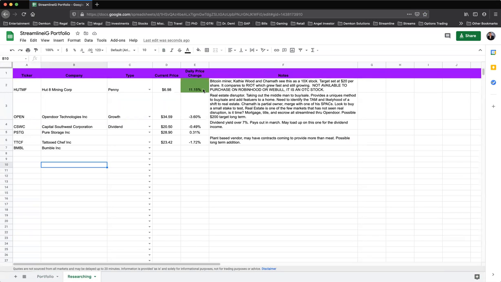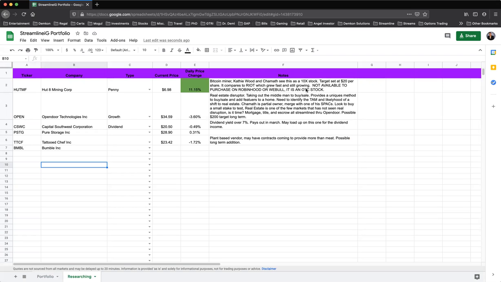So that if I see another company in that same sector doing the same thing, I can see my reasoning in the notes: I didn't buy it because it's not available to purchase on Robinhood or Webull, because it's an OTC, over-the-counter stock. Oh, that's why I didn't get it. It's a reminder to me.